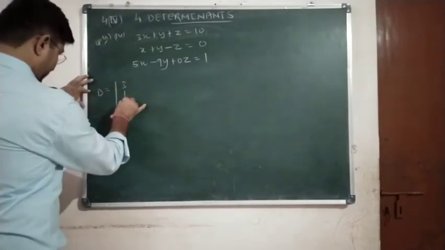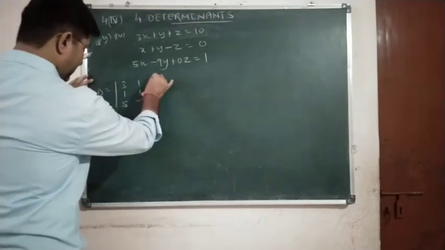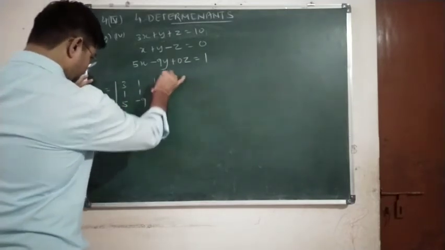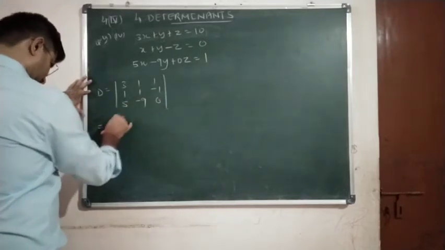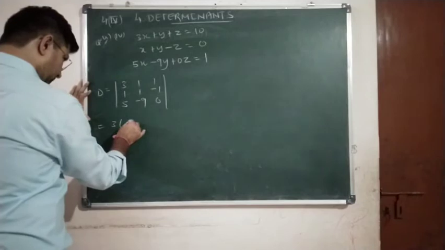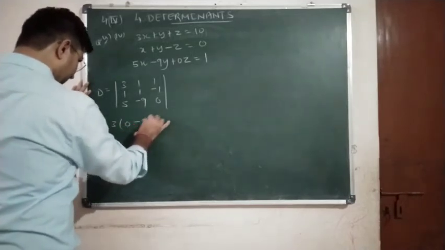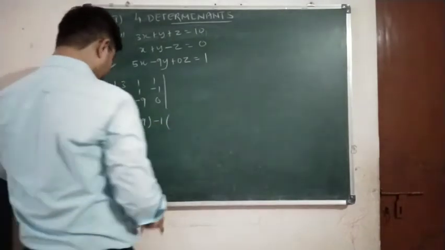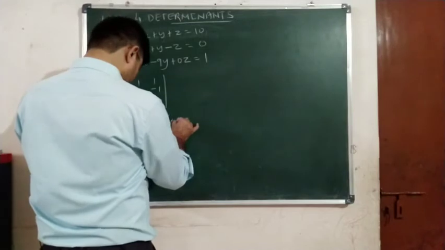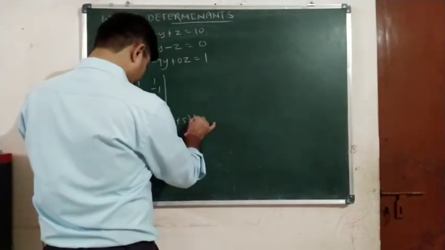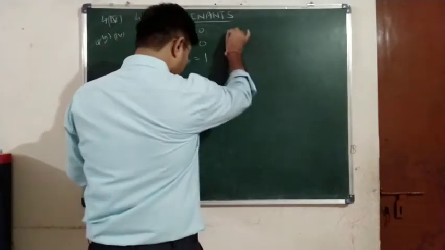We have 3, 1, 5, 1, 1, minus 9 and 1, minus 1, 0. Okay, let us expand along the first row only. So 3 into 0 plus 0 minus 9, minus 1 into 0 plus 5, and plus 1 into minus 9 minus 5.